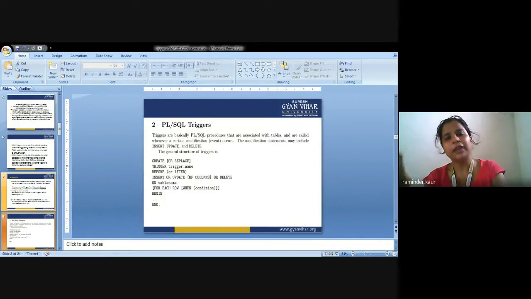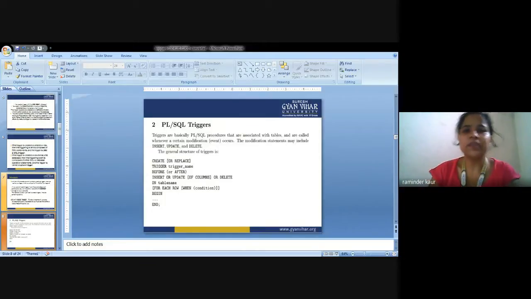If we have begun some code, there is an end for it. The declaration section starts with the declare keyword, in which variables, constants, records and cursors can be declared, which store data temporarily. It basically consists of the definition of PL SQL identifiers. This part of the code is optional.